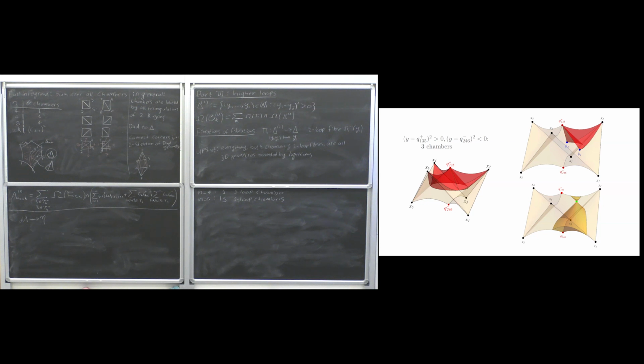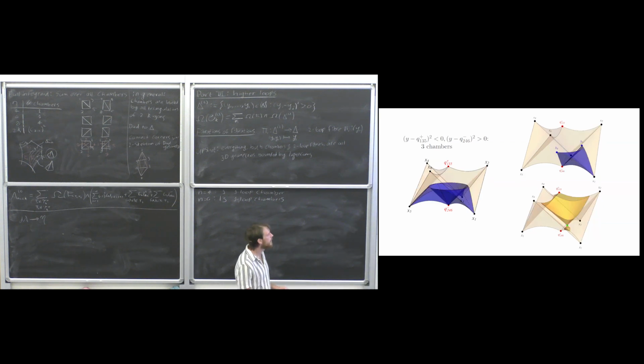So it will cut one edge at the top twice, and it will cut all 3 edges at the bottom. Now, if we interchange the plus and the minus, we essentially get the mirror image of this. So when we're outside of the light cone of q minus 246 and inside the light cone of q plus 135, we again find 3 chambers, and it just looks like the same one but upside down.